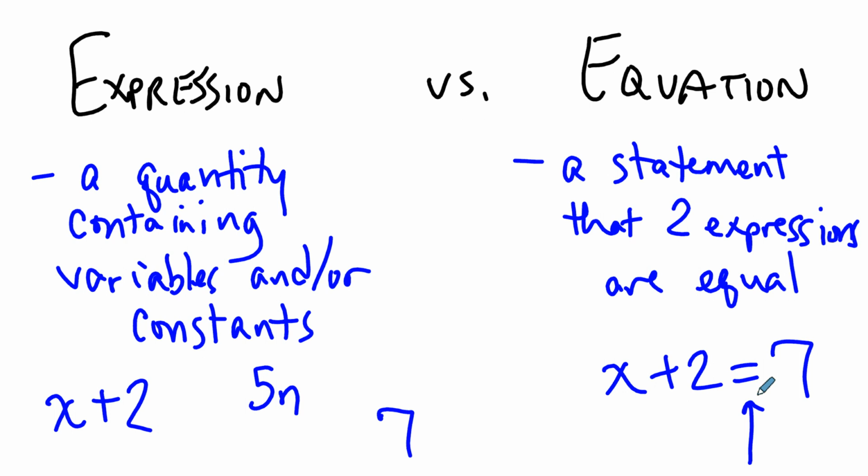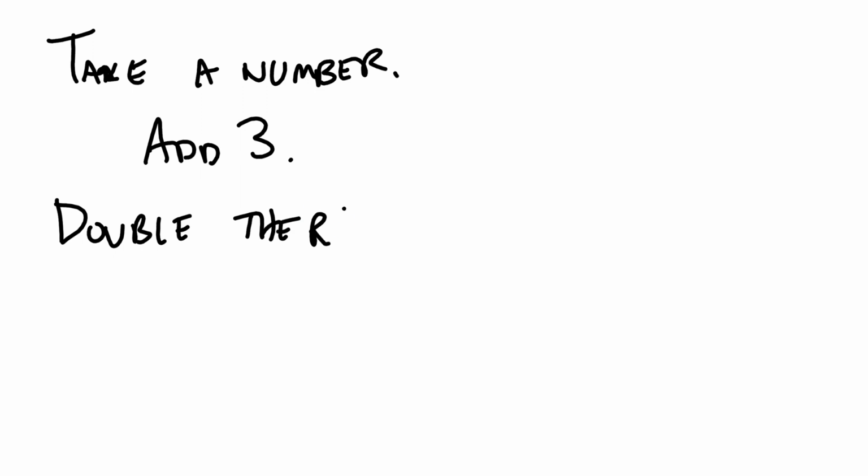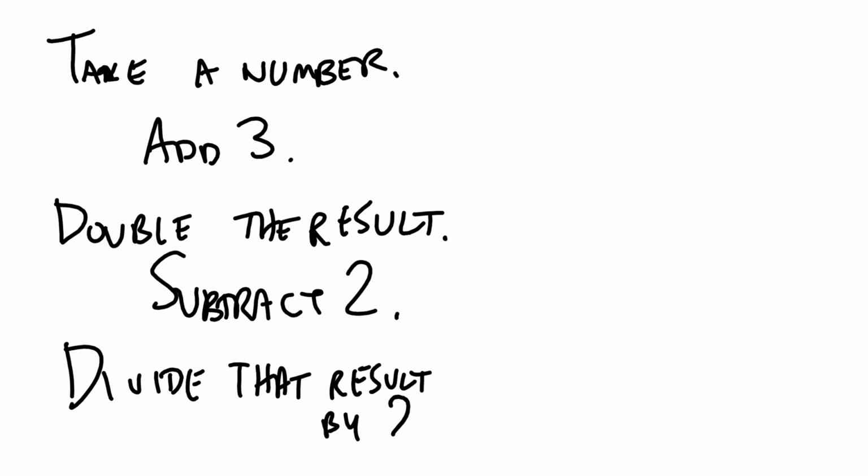Okay, let's talk a little bit about patterns. Do this in the privacy of your own home. Take a number, any number, and add 3 to that number, and then double the result, and then subtract 2, and then divide that result by 2.